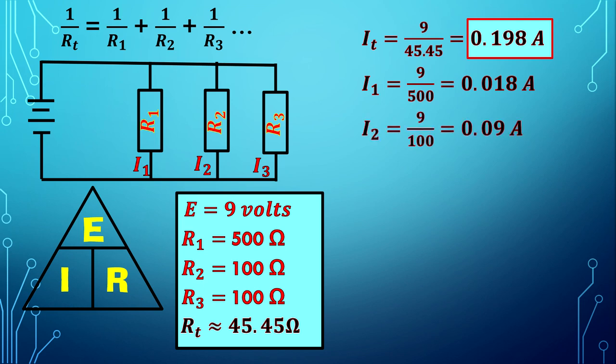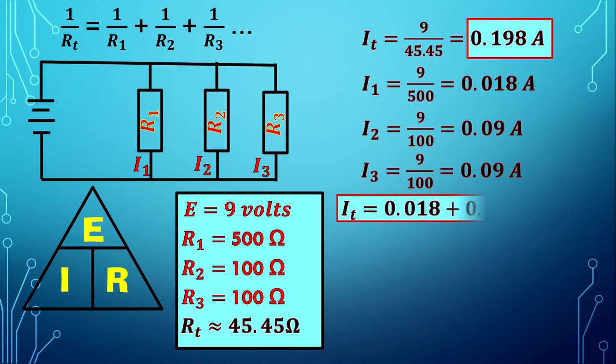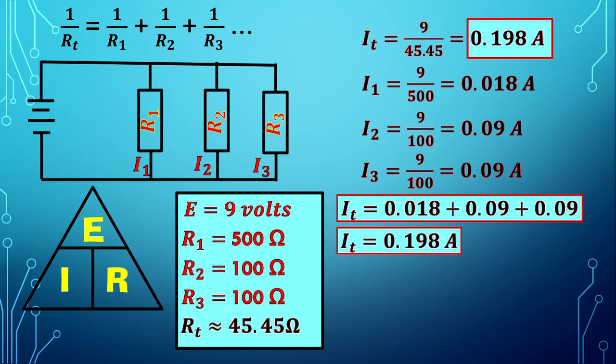Going through the second resistor, 9 divided by 100 is 0.09. The third resistor is the same as the second, 9 divided by 100, 0.09. If I add those three up, my total current comes out to 0.198 amps, which is what we calculated when we used our total resistance.